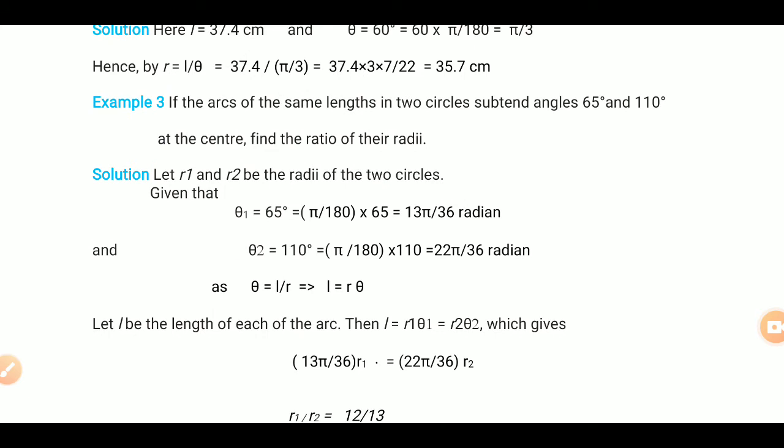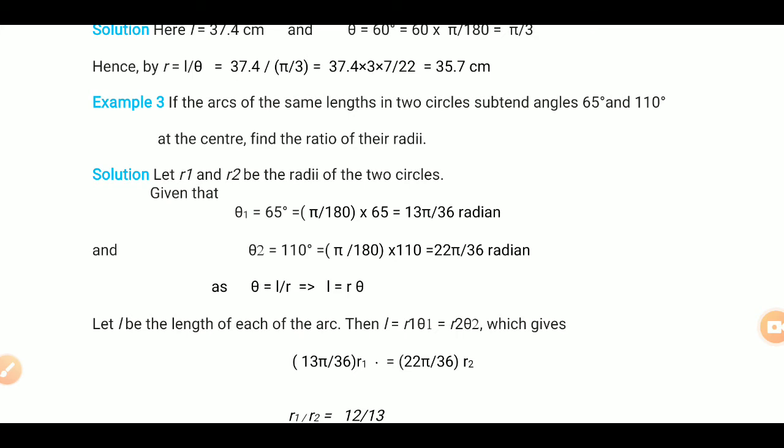Another example: if the arcs of same length in two circles subtend angles 65 degree and 110 degree at the center, find the ratio of their radii. We can consider R1 and R2 be the radius of two circles.